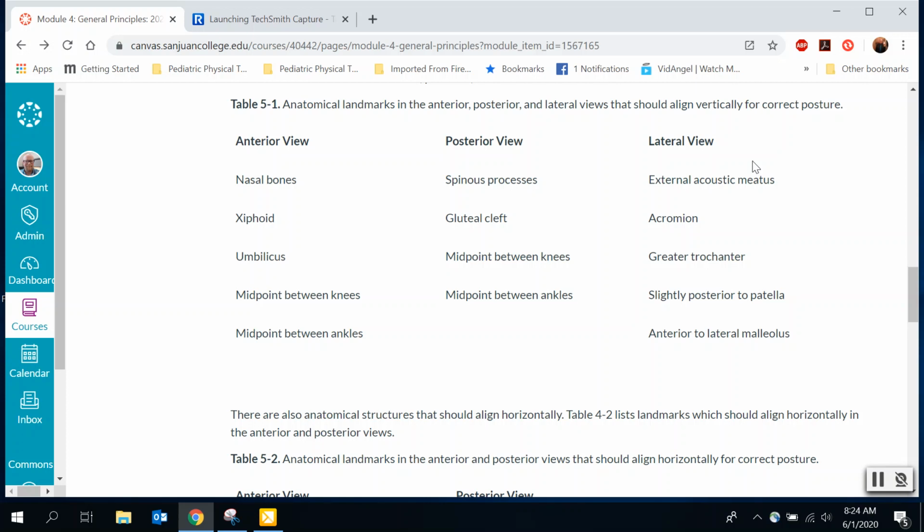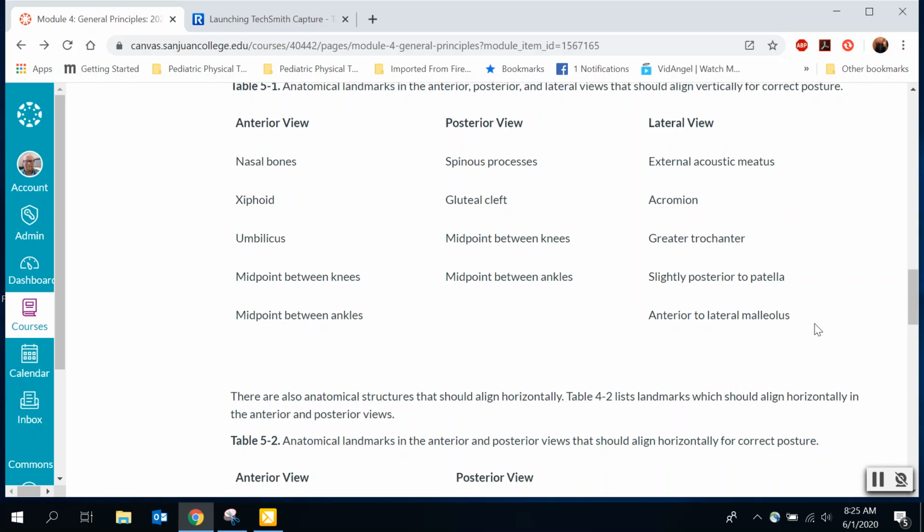The acromion, right? The lateral part of the acromion, greater trochanter on the hip, slightly posterior to the patella. It should kind of line up. The line that goes down should line up slightly posterior to the patella, and then also anterior, just in front of the lateral malleolus, right?